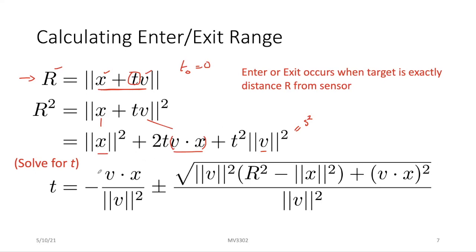So when we solve for t, we get this stuff right here. This is minus v dot x over the norm of v squared, plus or minus the square root of all this stuff in here. So this is, again, the norm of v squared times the square of the range minus the location of x squared, plus the inner product squared, divided by the norm of v squared.